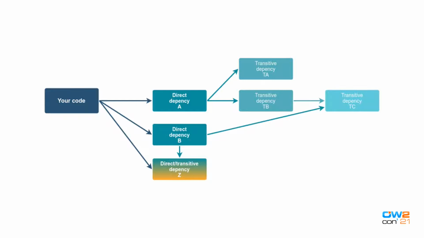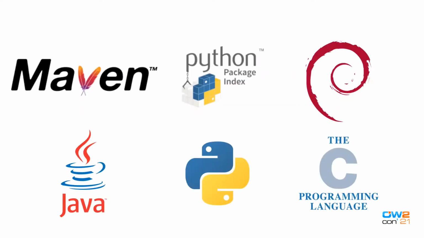And to help you with that, you have a lot of tooling available. Usually it's specific per language. So for example, in the Java world, probably the most popular tooling that can help you with dealing with dependencies is Maven.